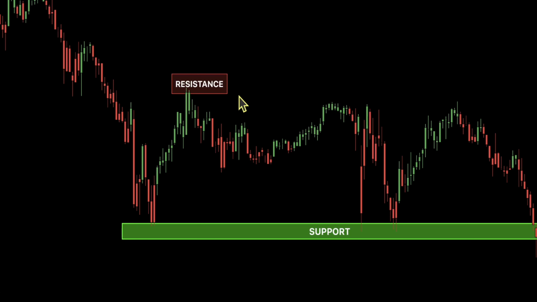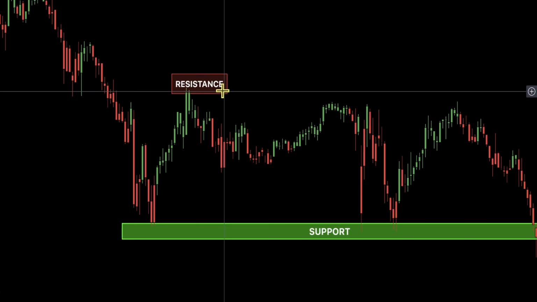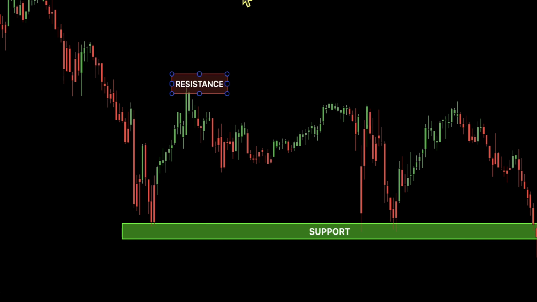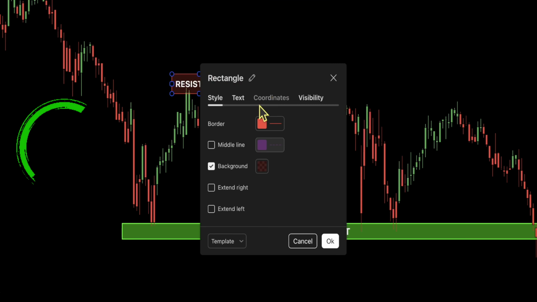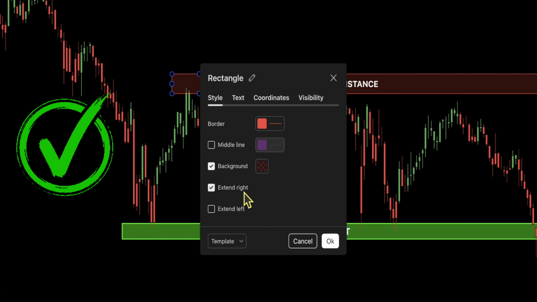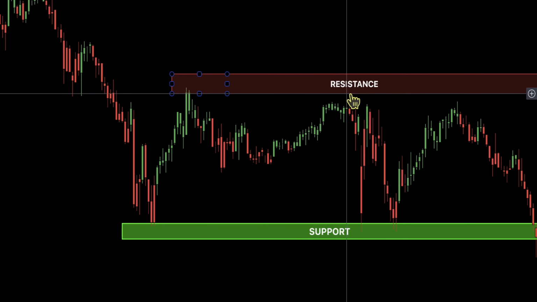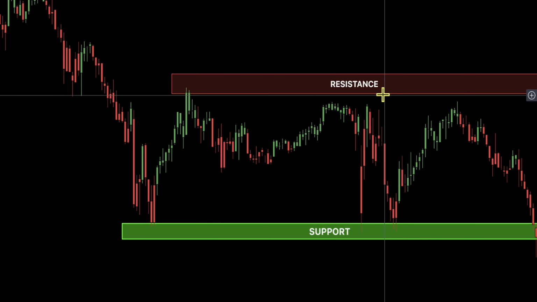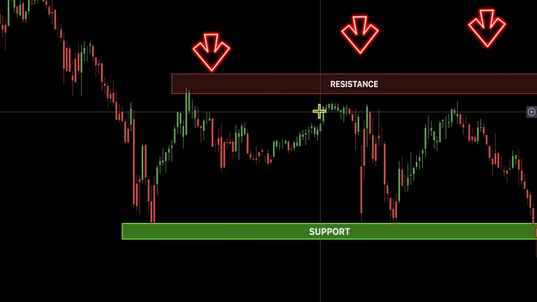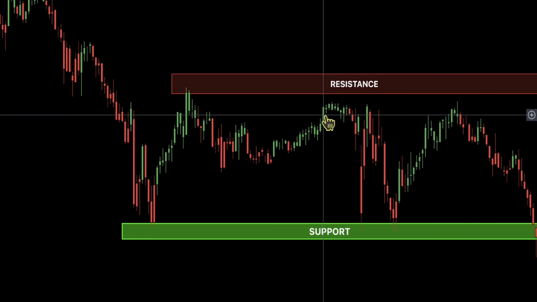And again, guys, now that we've identified our resistance, we're going to go into the settings of this resistance block and hit extend right. The reason being is because if we're going to trade, we want to know where that ceiling is for our next trade because it's going to make a difference.